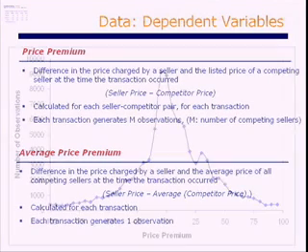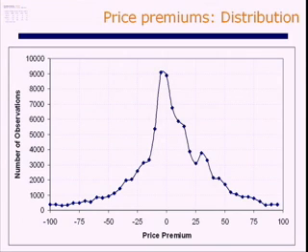So that's the distribution of seller-competitor pair price premiums, the one that I showed you on an earlier slide. Our hypothesis is that all of this pricing power contained in the right side of the distribution is on account of sellers having a better reputation, and this reputation being something that buyers are willing to pay for.